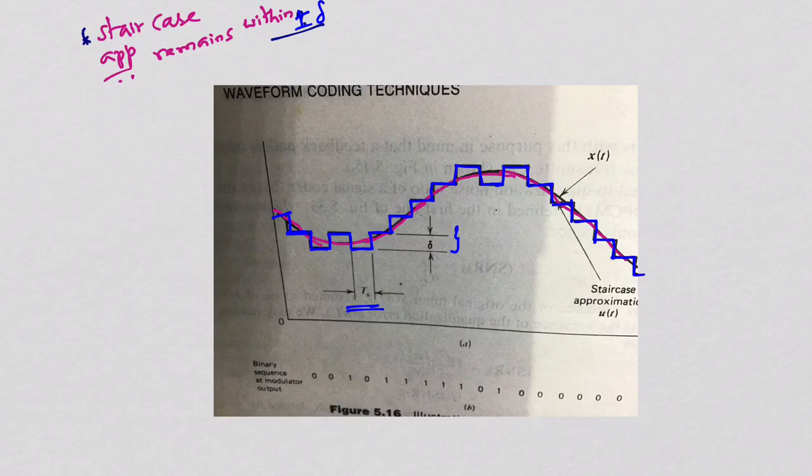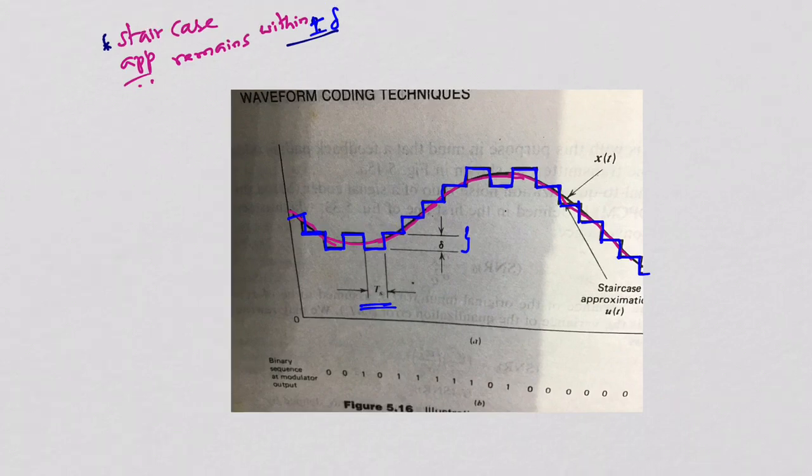I have shown you a red color graph curve taken from the textbook. That curve is called x of t, and it is the input signal to be quantized and encoded using delta modulation, whereas the staircase approximation, which is shown in blue color, is called the approximation to the input, right?